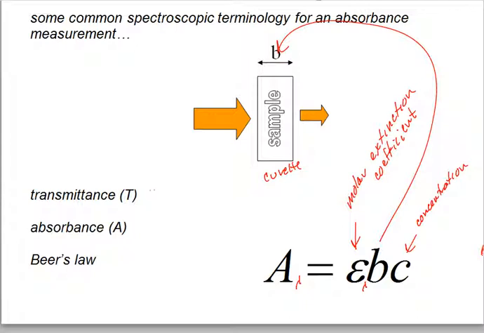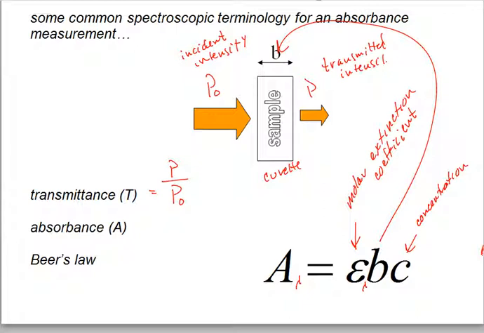Always, transmittance is P over P naught. P naught is the incident intensity, and P is the transmitted intensity. That's the cuvette, or whatever it is holding your sample.